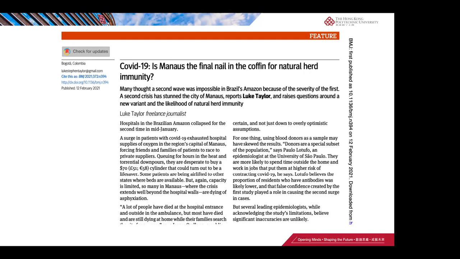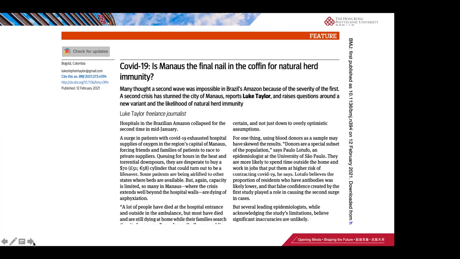Because initially we believed COVID-19 has R0 of 2 or 3, so basically when 80% of people are infected, it will die out. Let's first ignore reinfection. But if the theory in Manaus is true, then just like this title in the BMJ, this is the final nail in the coffin for natural herd immunity.